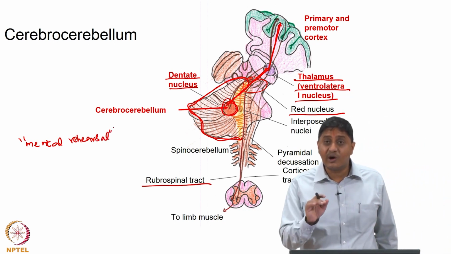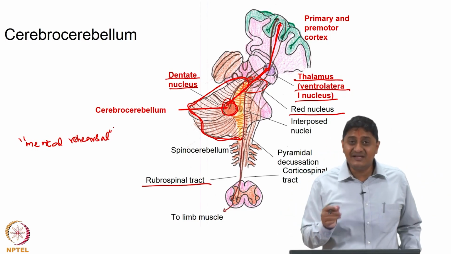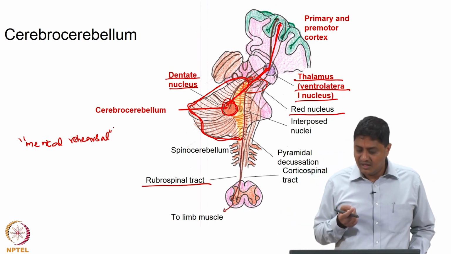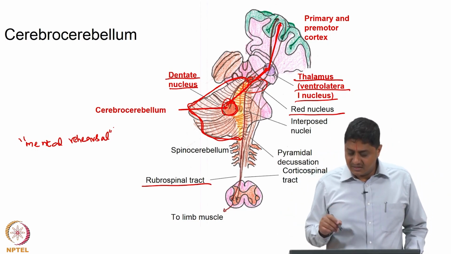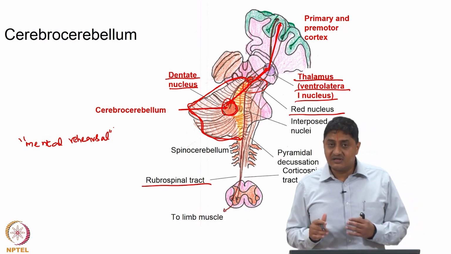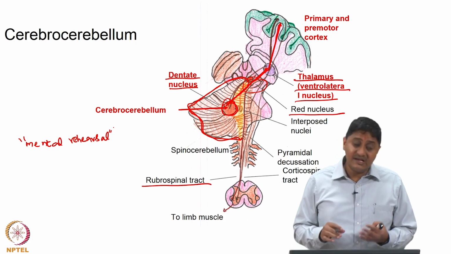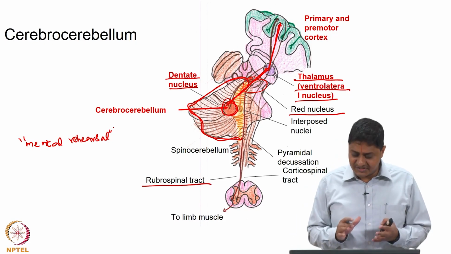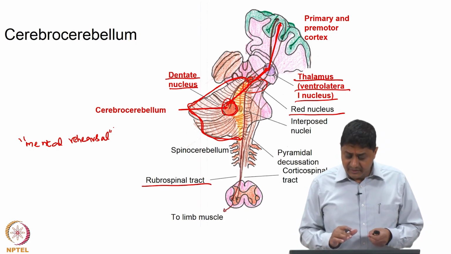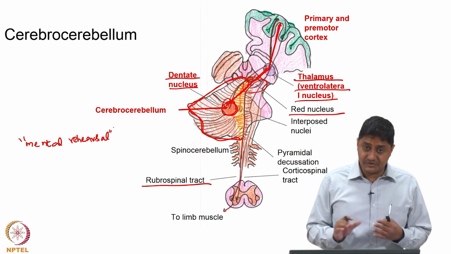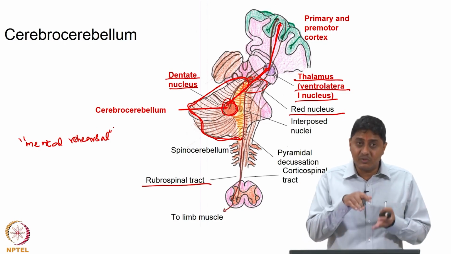I want to do this, how am I going to do this; this type of mental rehearsal of movements is happening in this recurrent loop that involves the red nucleus, primary motor cortex, premotor cortex, mainly the premotor or association cortex, and the dentate nucleus. The dentate nucleus sends one form of input, the premotor cortex sends another.